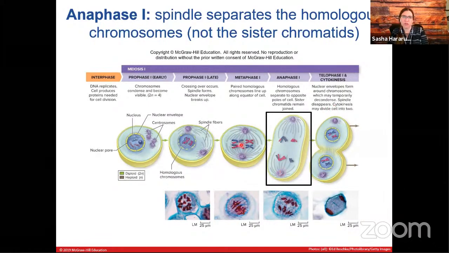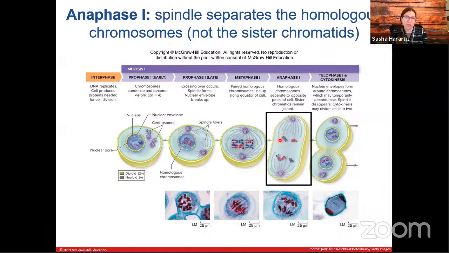So homologous chromosomes line up along the equator during metaphase 1, and during anaphase 1, the spindle fibers shorten and pull these homologous chromosomes apart into the opposite sides of the cell. But the sister chromatids remain joined.